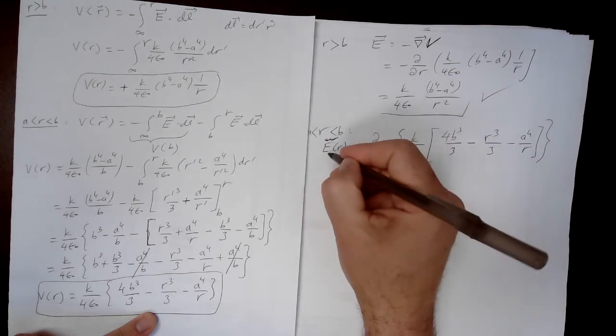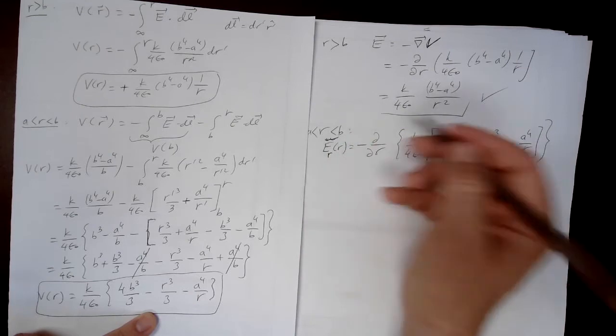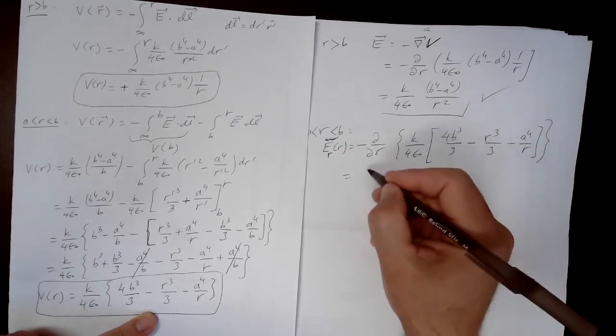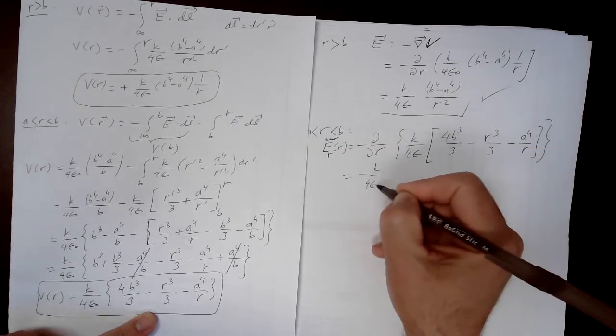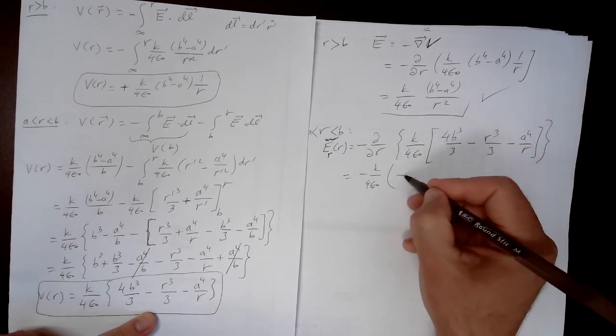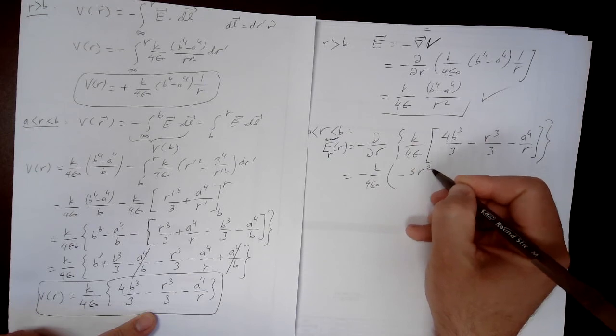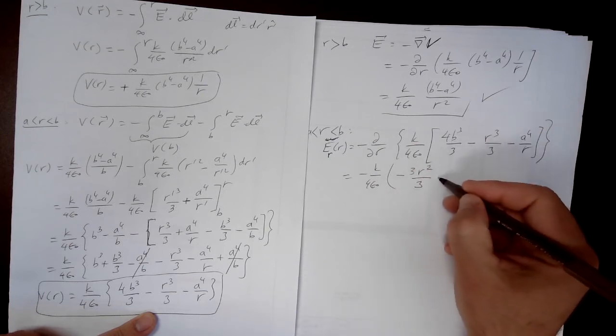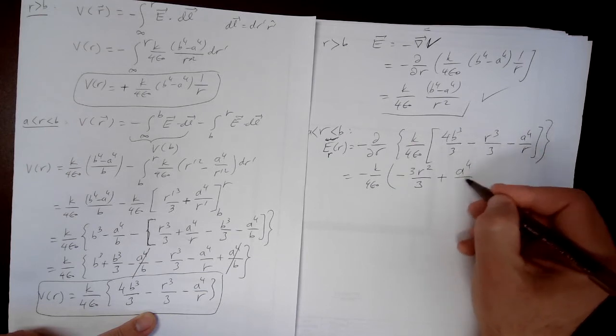That's basically E sub R of R. That's the only component anyway. Minus K over 4 epsilon naught. The derivative of the constant is 0. This one is minus 3R squared over 3. And this one is plus A to the 4 over R squared.